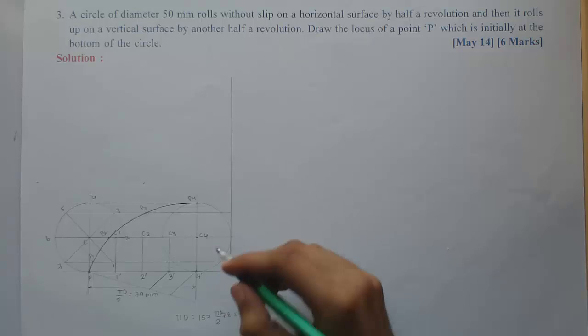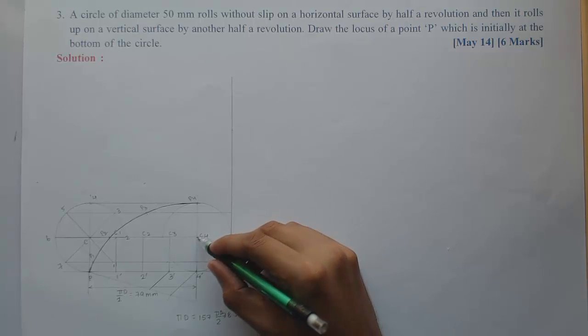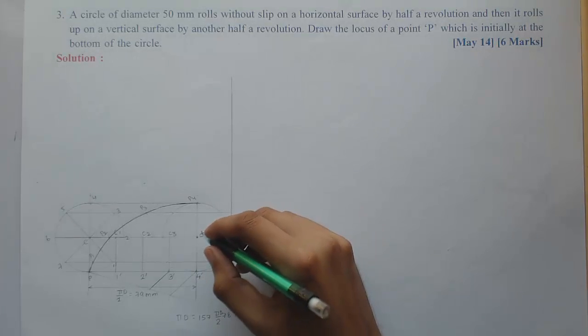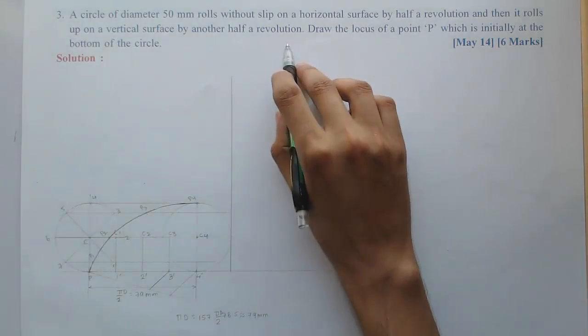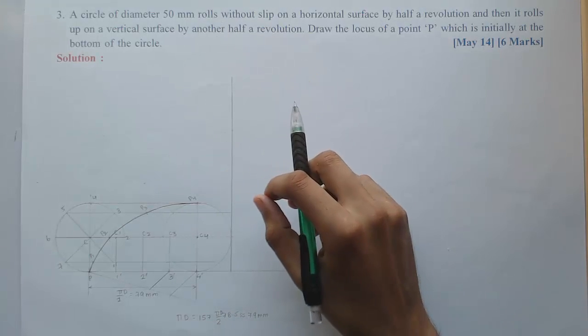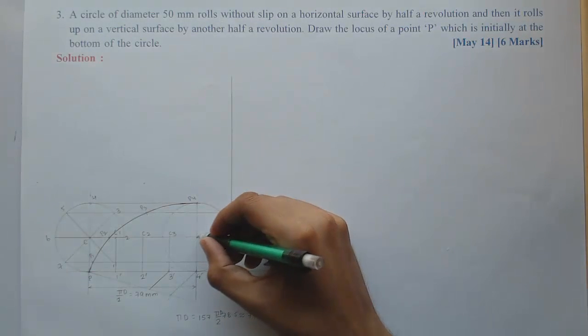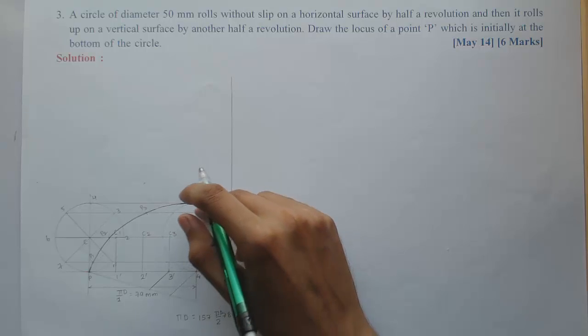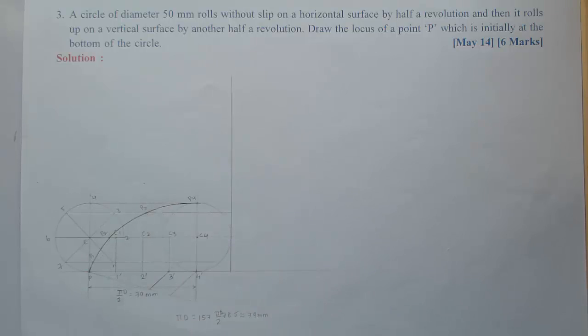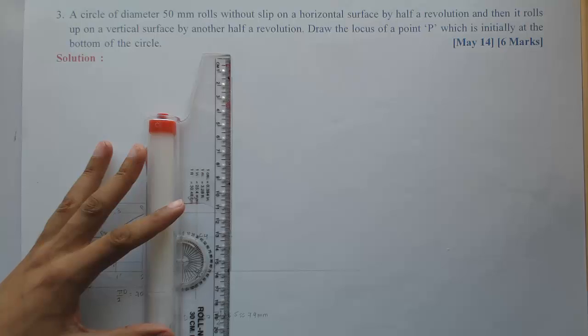So after half a revolution, the position of the center of the circle is C4. Okay. Now for the next half a revolution, it is going to follow a vertical path. So the new position of the center C5 will be along this center line. So I have to produce this vertical center line.